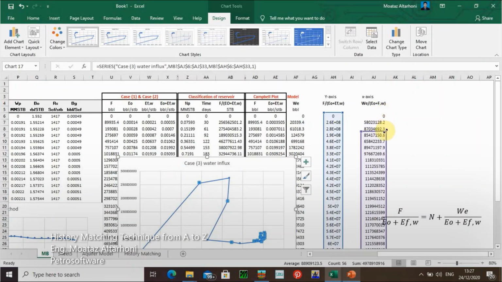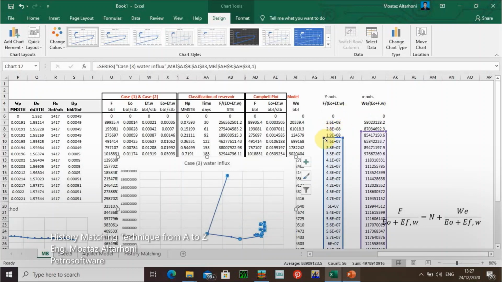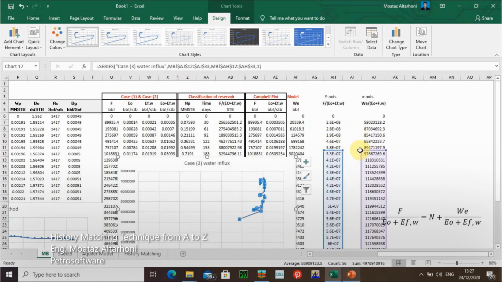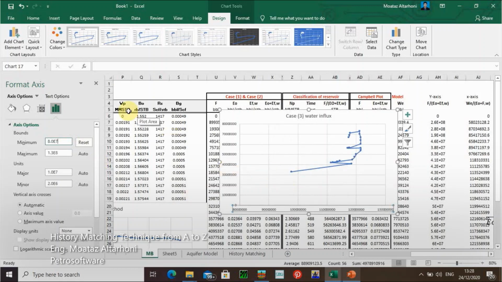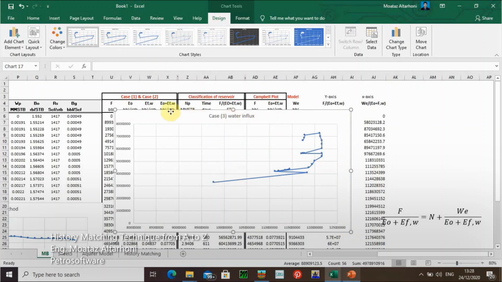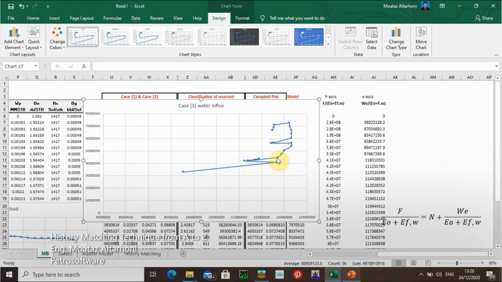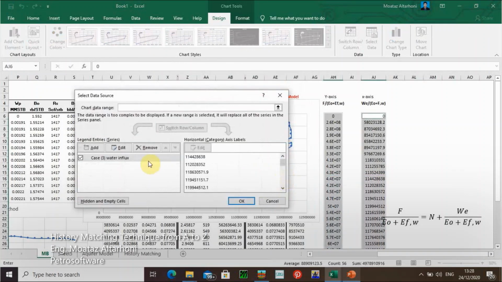But the plot must be... This number is... no. This plot doesn't give me any good information.